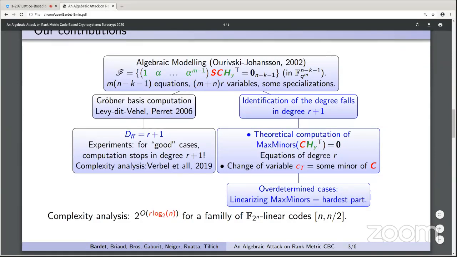And you can see that only one part of the variables are used in these equations. Instead of computing the Gröbner basis up to degree r+1, we just need to compute these equations. The cost is very small, just the size of the equations. And we get to the same step of the computation as after the first degree fall here, but with much less computation.